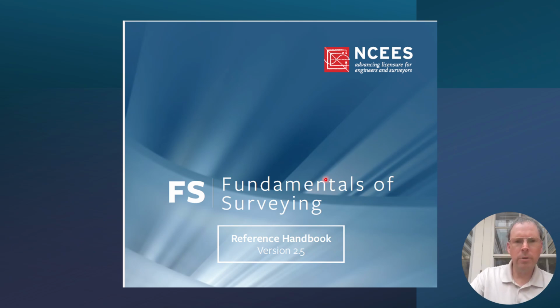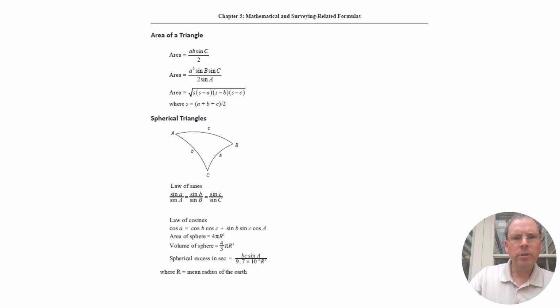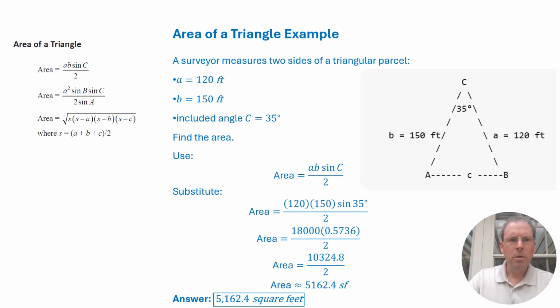Moving along to the next set of equations in the reference book here. The next ones are area of triangle and spherical triangles, and we'll go by these one by one. For the area of the triangle, with these equations here, I'll give you an example of how to use them. A surveyor measures 2 sides of a triangular parcel.